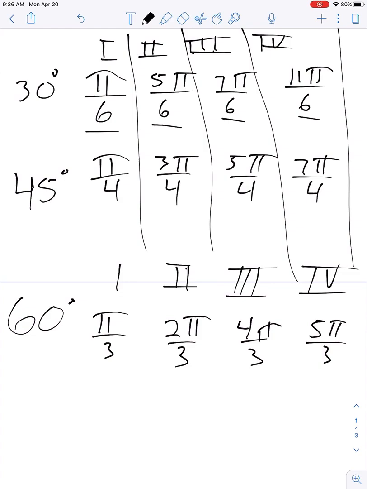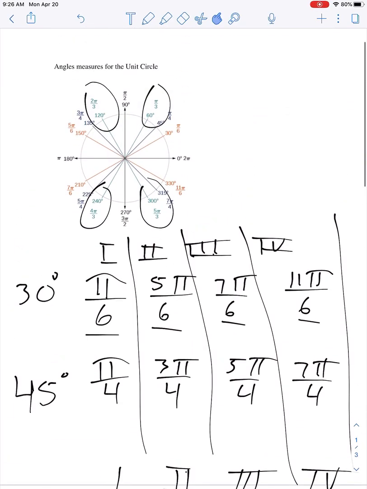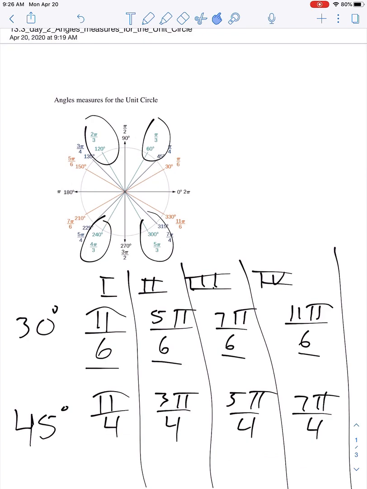And all you'd have to do is take a look up here, and you see we're talking 1 pi over 3 right here. Okay, 2 pi over 3, 3 pi over 3 reduces, so we throw it away. 4 pi over 3 doesn't reduce. 5 pi over 3 doesn't reduce. And so that's a neat way to memorize the radian measures around the unit circle.